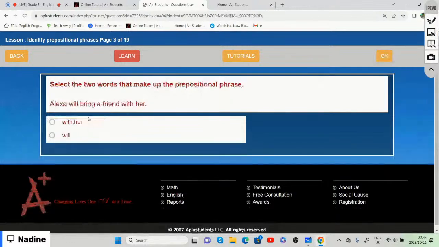Alexa will bring her friend with her. We need to select the two words that make up a prepositional phrase. Is it with and her or just will?